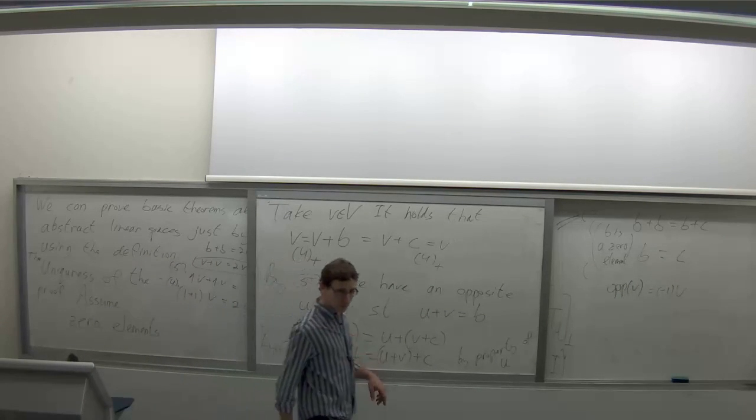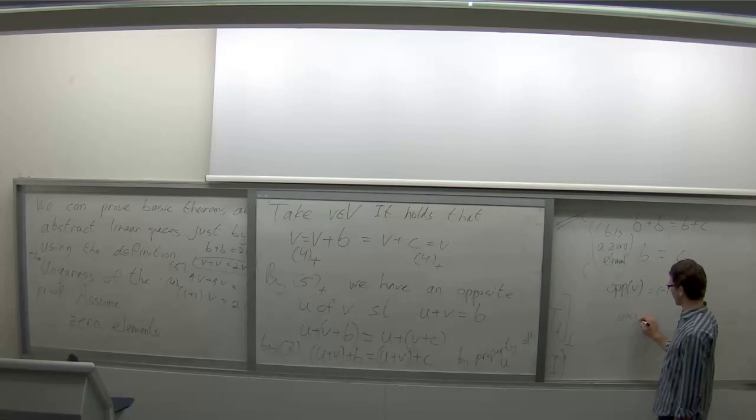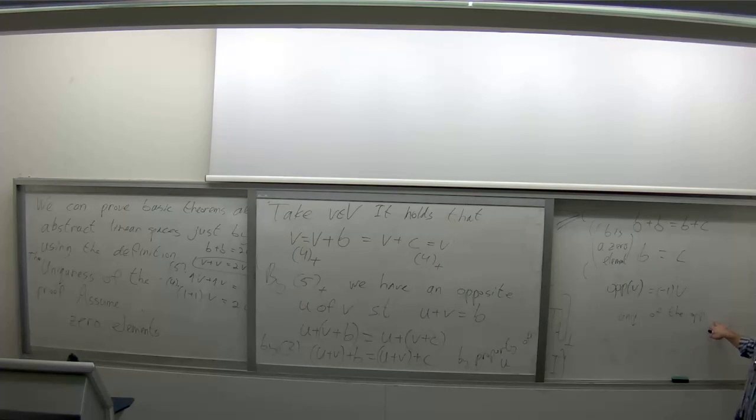But a way to look at it is, first of all, to prove uniqueness of the opposite. That's what you'll have to do: prove that for every v, there's only one unique u such that v plus u is the zero element.